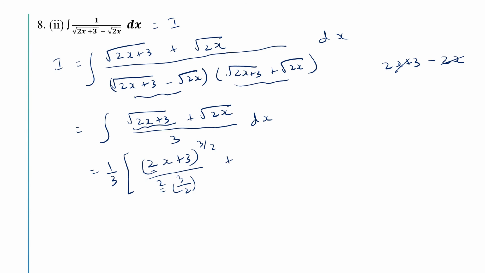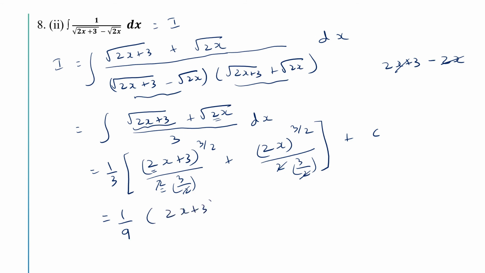Then plus under root 2x, the integral of under root 2x dx is (2x) the whole raised to 3 by 2 divided by 2 into 3 by 2 plus c. So here 2 and 2 will cancel. Here also 2 and 2 will cancel. 3 is common. We can take it outside. So this is 1 by 9 into (2x plus 3) the whole raised to 3 by 2 plus (2x) the whole raised to 3 by 2 plus c. So this is the integral.